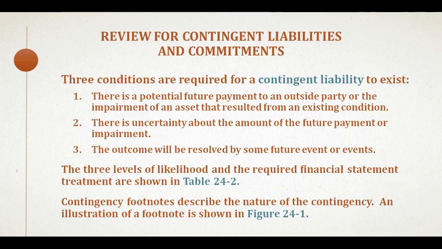The first condition is where there is a potential future payment to an outside party or the impairment of an asset that resulted from an existing condition. The second condition is if there is uncertainty about the amount of the future payment or impairment. And lastly, the outcome will be resolved by some future event or events.